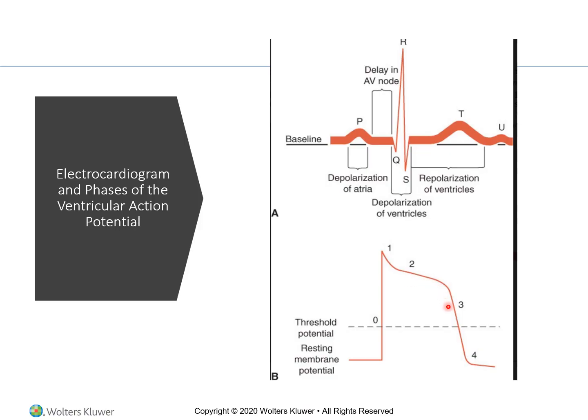As we quickly move back towards repolarization in phase 3, that repolarization phase shows up on our EKG as the T wave on an EKG tracing, until finally we get back towards baseline, where we have complete resting membrane potential back into diastole.